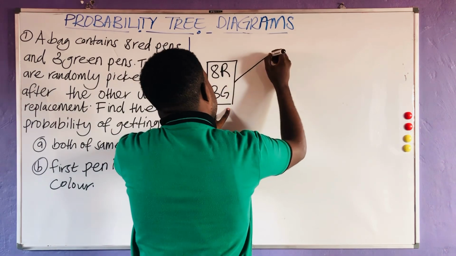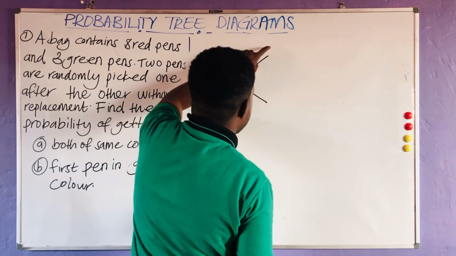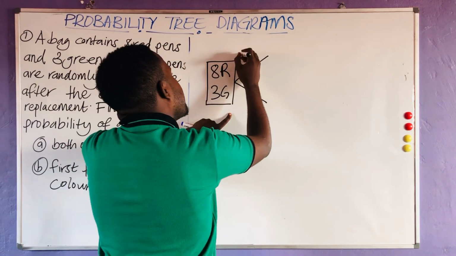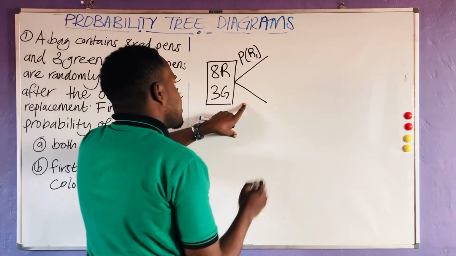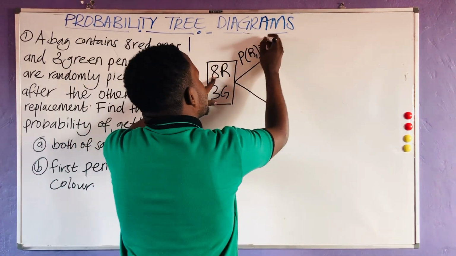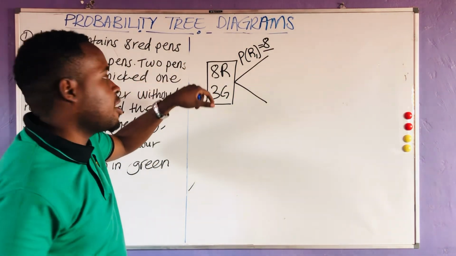For the first pick, the person can pick a red pen or they can pick a green pen. So the probability of picking a red pen first is going to be equivalent to 8 divided by the total number of pens, which is 11.